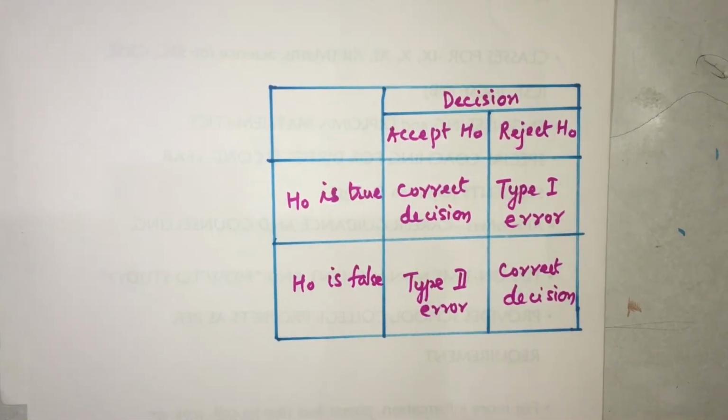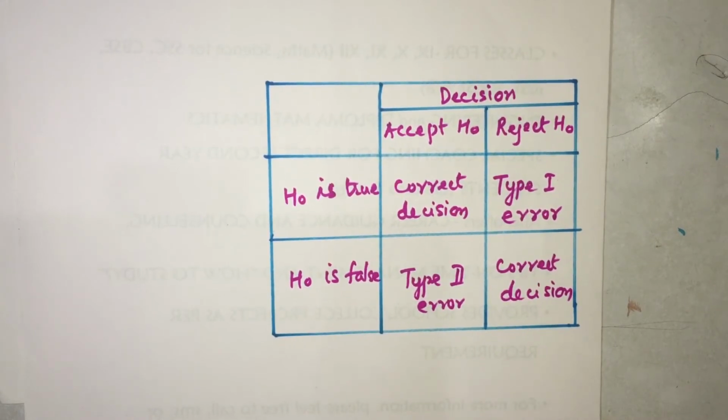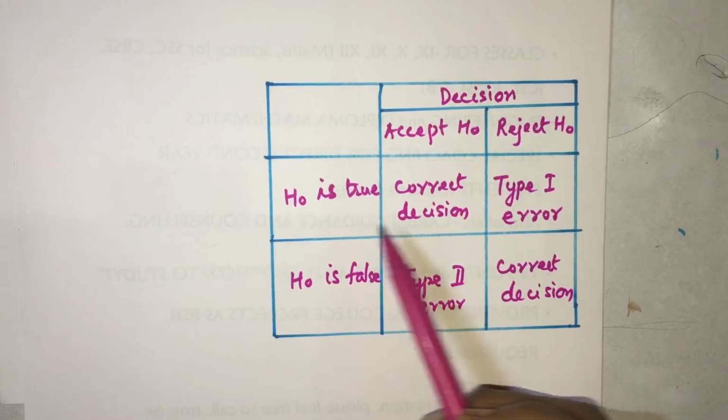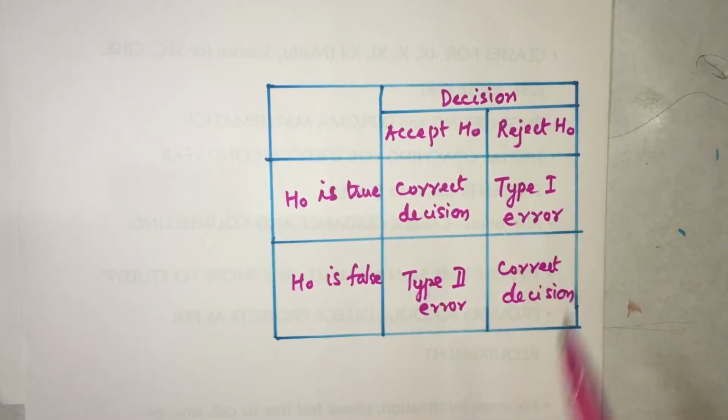For example, the use of mobile is wrong, but you are doing the same thing, which means you are making a type 2 error. Similarly, H0 is true and you reject H0, that is type 1 error. So these are the errors while testing a hypothesis.